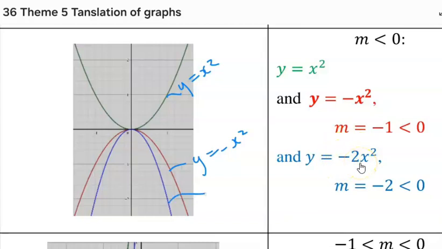So that means y equal to minus 2x squared. That means that because of the 2 there, it is stretched vertically, just now in the negative direction. It's exactly the same as when we had the one that was stretched vertically in the positive direction. It is now just reflected about the x-axis.